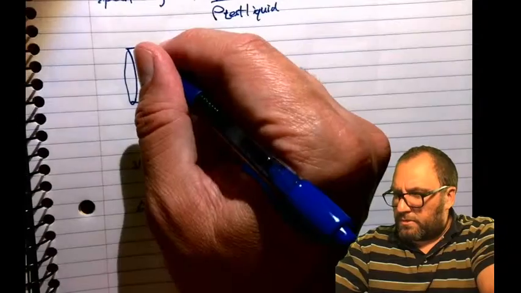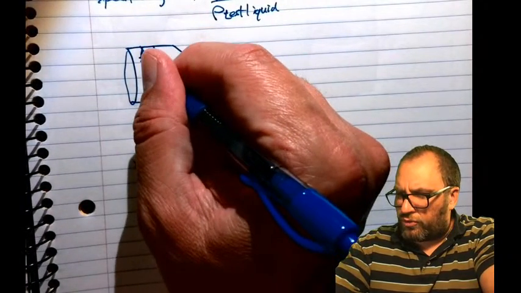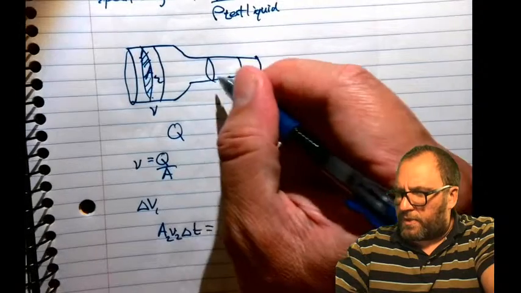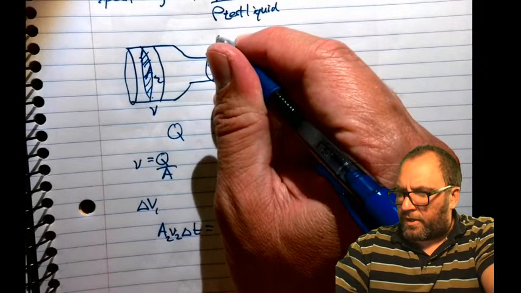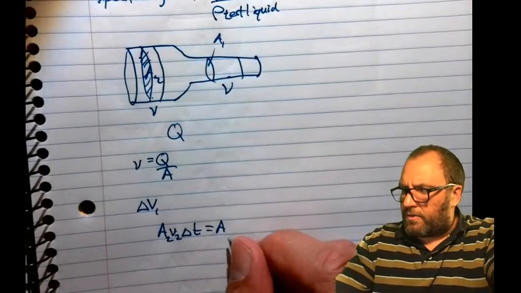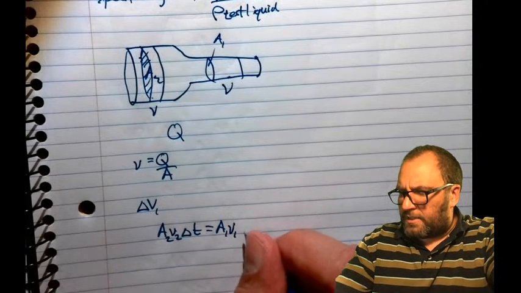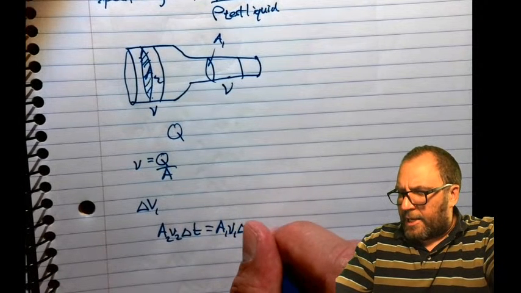We'll call this my cross-sectional area here. This is area 2. And this will be area 1 over here. So this is my cross-sectional area 1 over there. So this will be equal to A1 times the velocity here times delta t.